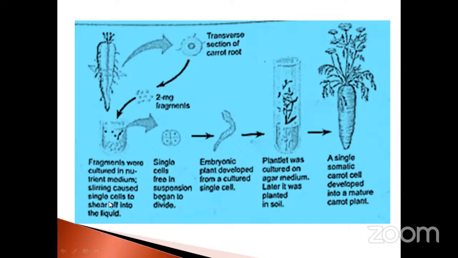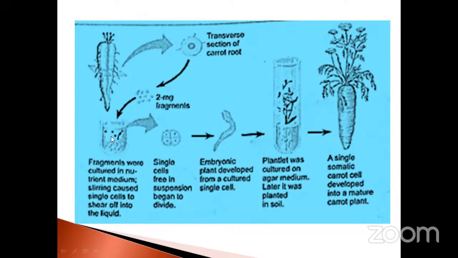Stirring caused single cells to shed off into the liquid. After that, single cells free in suspension began to divide. The single cell divided into 2. Again, the embryonic axis also developed. The plantlets were also cultured. After that, you will get the entire plant.